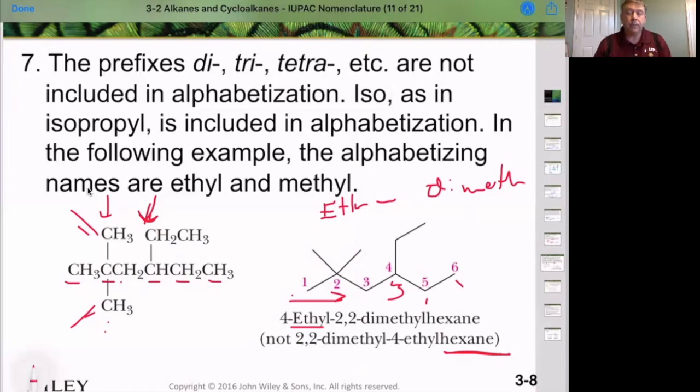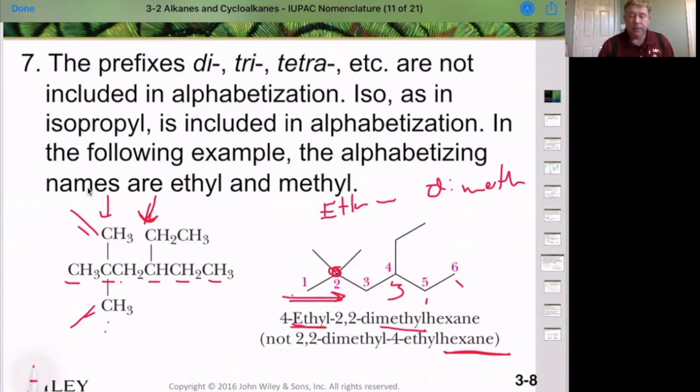So notice in the previous example, it looked like the number and the alphabetization work together. In this one, it doesn't. So they are different rules and applied at different times, okay? So we have the alphabetization rule, except for the prefix. So that gives us the ethyl and the methyl right here. Now we have the numbering rule because this is the first substituent on the chain.